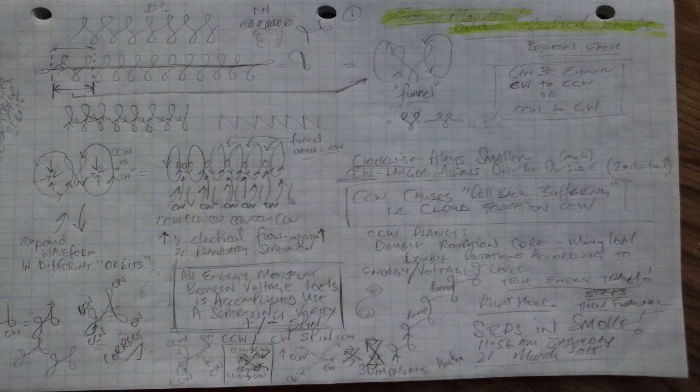So keep going across to the right. Okay, so we see I've underlined there, clockwise is always smaller and counterclockwise is always larger, always on the outside normally, if you had a two orbital arrangement. Underneath that, counterclockwise causes the rollback buffering, cloud formation and electrical travel.